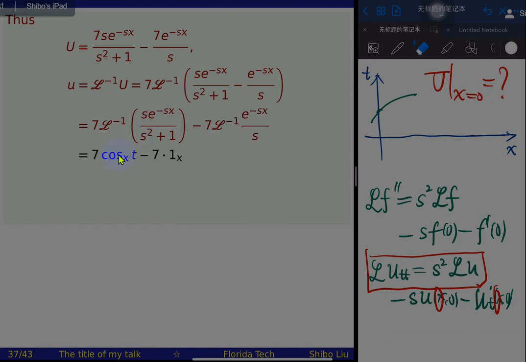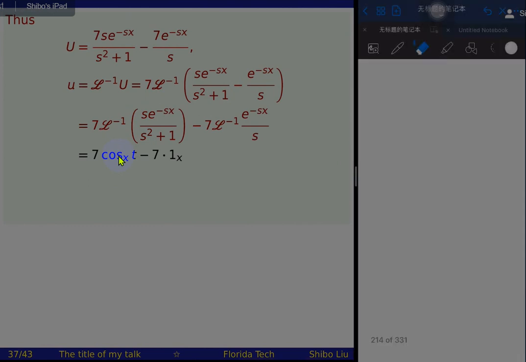The first term is cosine_x t. What do I mean by this notation? Now, I had mentioned this notation. Given a function f from 0 to infinity, and given a positive number a, we can define a new function f_a, also from 0 to infinity.